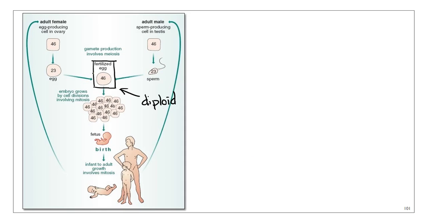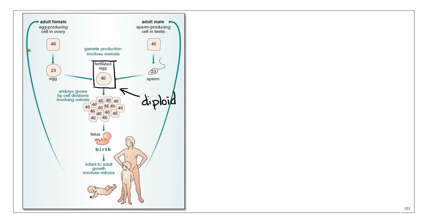But before fertilization occurs, there has to be a cell that only contains half of the genetic material. Because remember, we just spoke about this, that you inherit half of your chromosomes. So you inherit 23 of your chromosomes from your mom and 23 from your dad. So there has to be a cell that only contains 23 chromosomes from your mother, another only 23 from your dad, and then they can fuse in the process of fertilization to give a cell that contains 46 chromosomes.